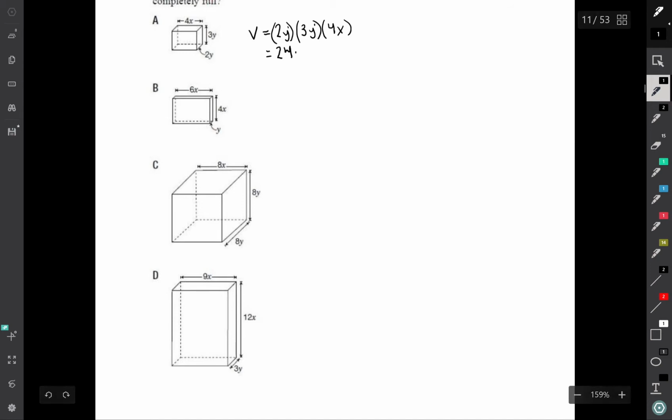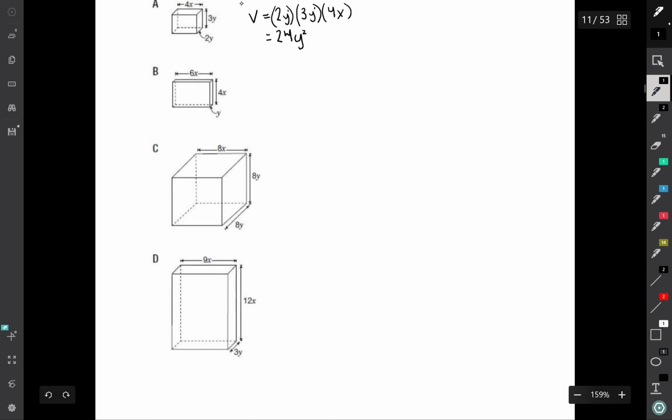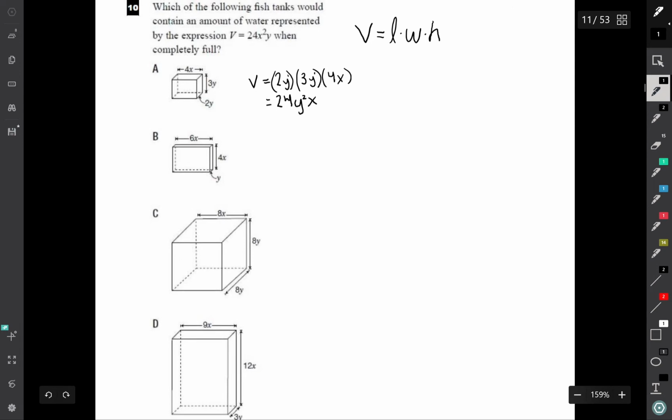So we're going to get y to the 1 plus 1, 2. So y squared. And then we only have one x, so x. Okay, so 24y squared x, but that does not match what we're trying to find, right? We're trying to find 24x squared y.